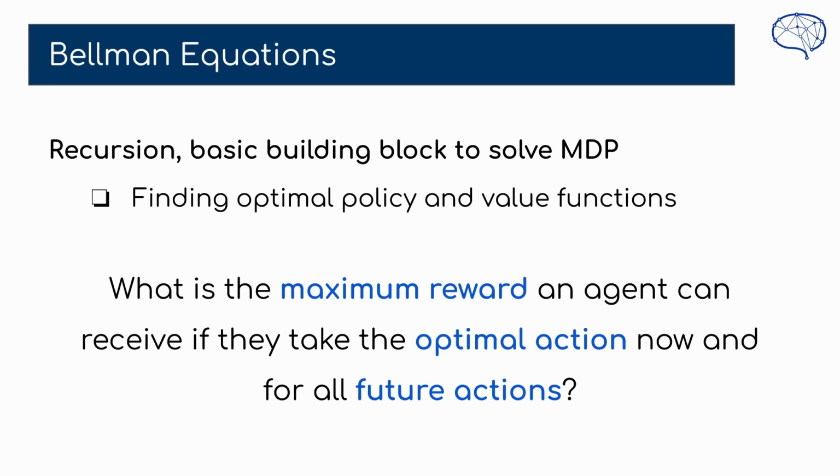Hyperparameters are just values that you can tune so that you're able to hopefully find a better policy, a better agent. An example of a hyperparameter is epsilon. You can choose how much you want to explore.